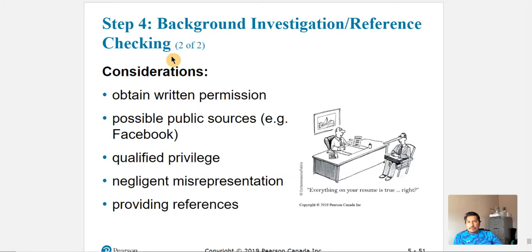Background investigation and reference checking considerations: obtain written permission. Always ask that everything on your resume is true, and then you have access to public sources, for example Facebook, so you can double check, or LinkedIn, where that individual has worked previously. Qualified privilege, providing references.